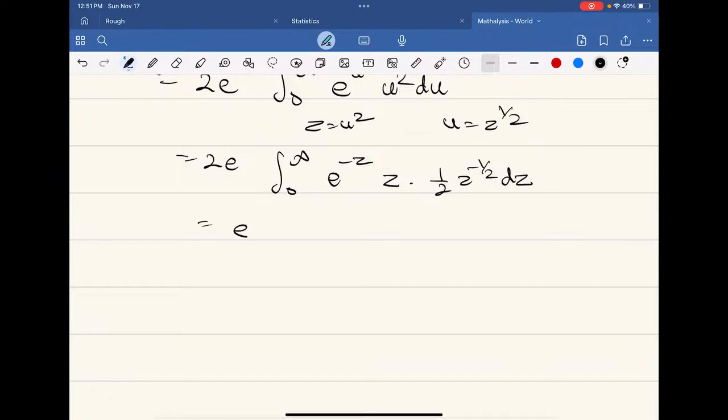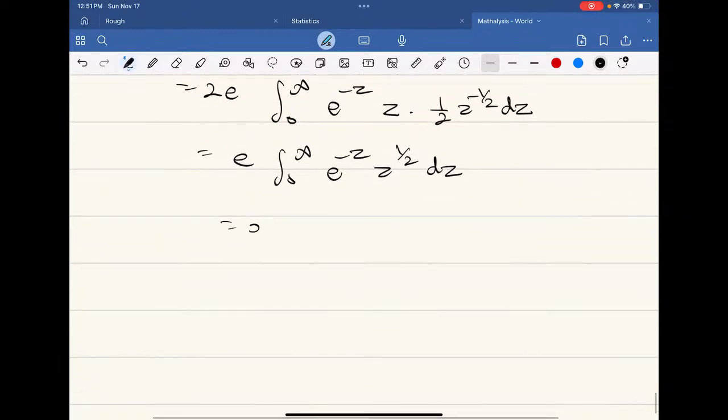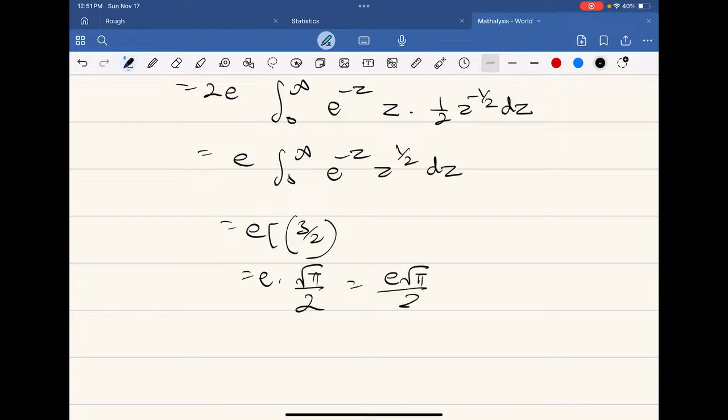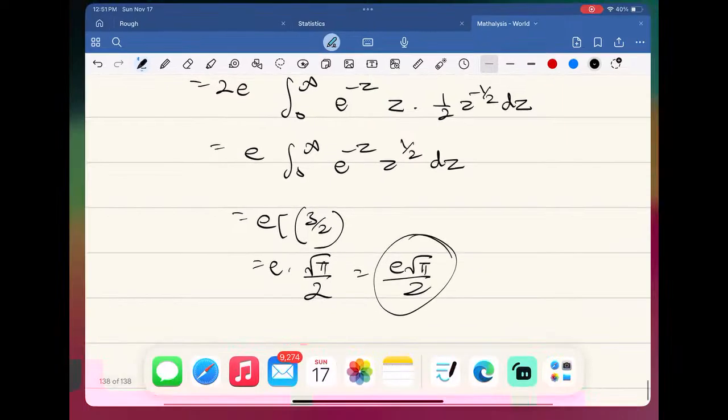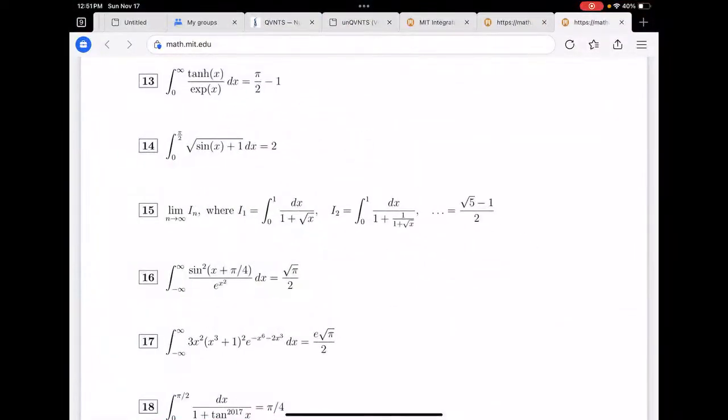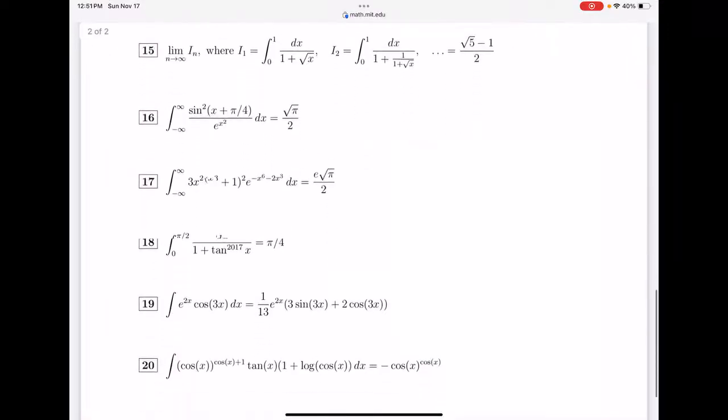So this will just be e integral from 0 to infinity e to the power minus z times z to the power half dz. Now this is just e times gamma of 3 by 2. So e times gamma of 3 by 2 is root pi by 2. So the answer is e root pi by 2. And that's the answer. Oh wow. Yeah, it's e root pi by 2.